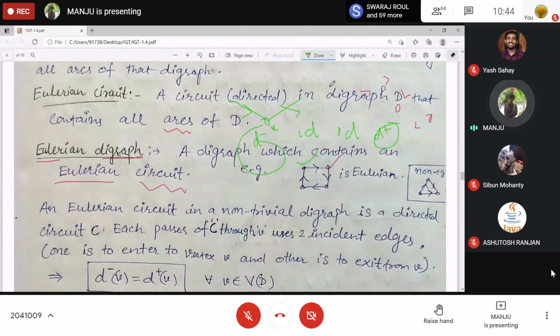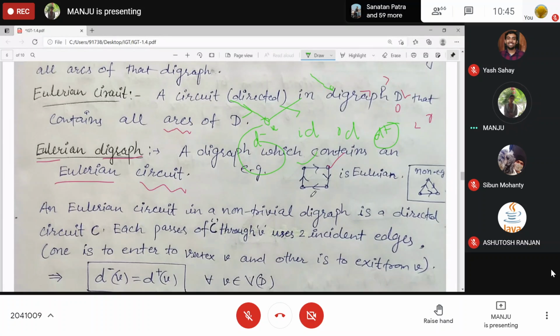So, whenever any circuit is passing once, in degree is 1, out degree is 1. It is again passing, in degree will be 2 and out degree will again be 2. So in this one, what you should have is in degree equal to out degree, because as many times as it is coming to the vertex, it has to go out of the vertex.